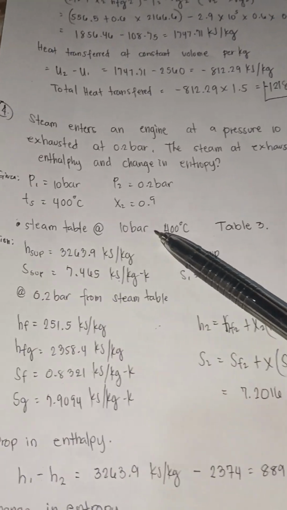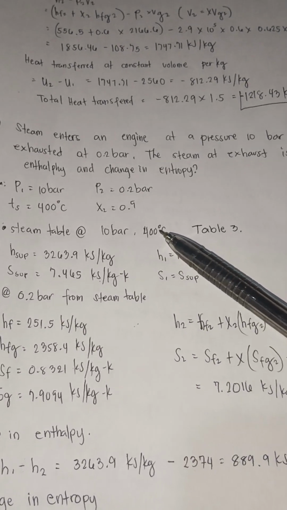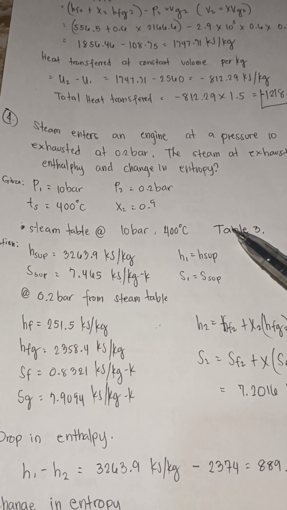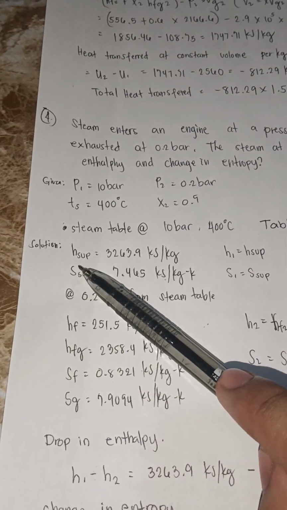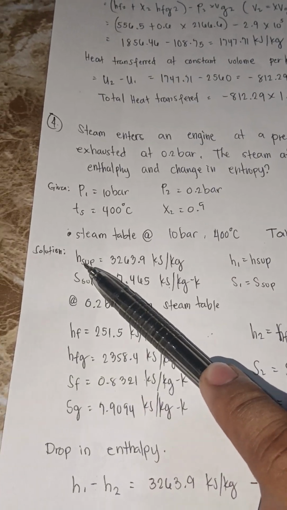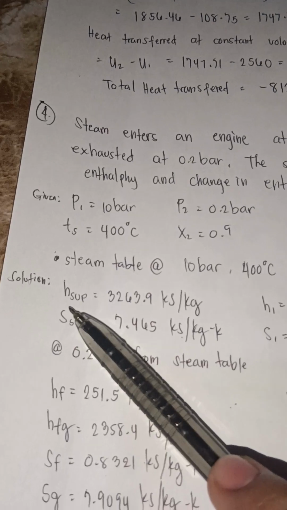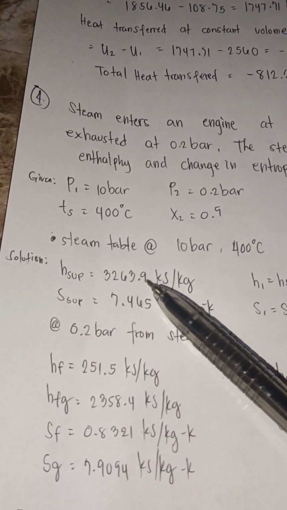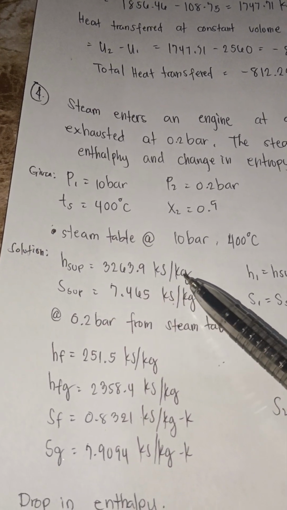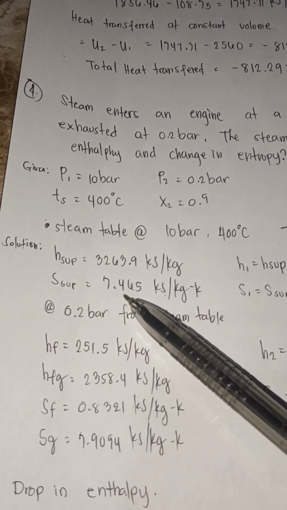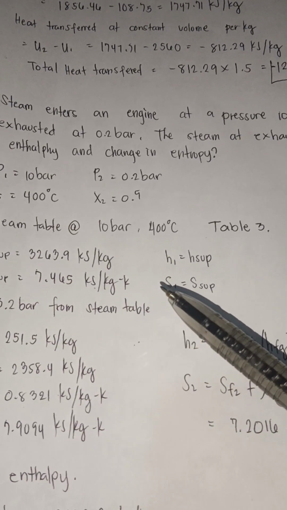Based on the steam table at 10 bar and 400 degrees Celsius on table 3, the enthalpy is 3263.9 kilojoules per kilogram, and the entropy is 7.465 kilojoules per kilogram.